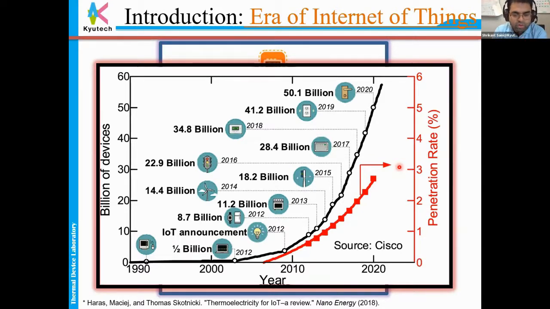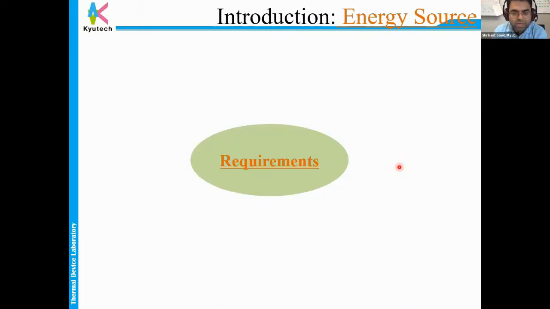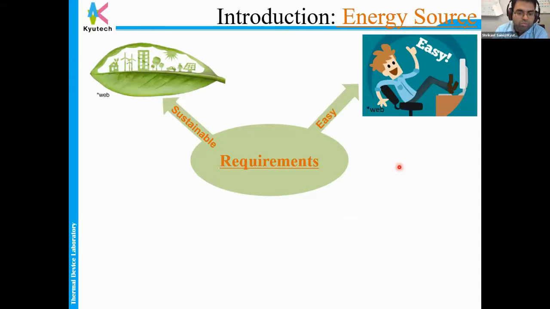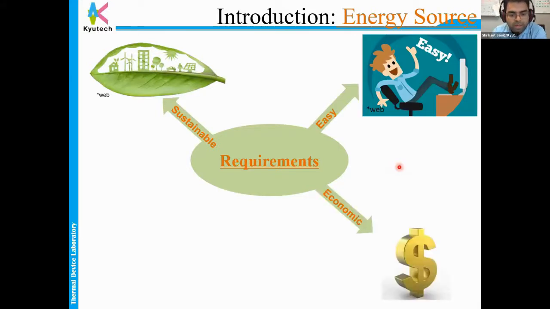For example, if you have a phone in your pocket, there is no sunlight. So we have those kinds of challenges. The requirement is to develop an energy source that has sustainable performance, is easy to fabricate, and is economic.